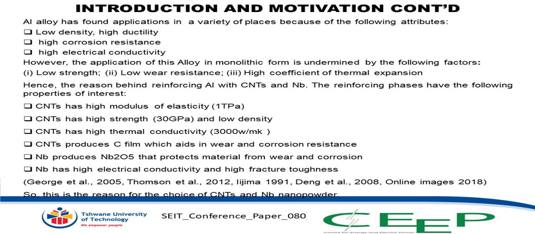Niobium, in other words, produces niobium oxide that protects material from wear and corrosion. Niobium is, in short, a superconductor and is equally a good fracture toughening agent. For these reasons and others, carbon nanotube and niobium were chosen to reinforce aluminium so that it will be able to be put into a very good usage.